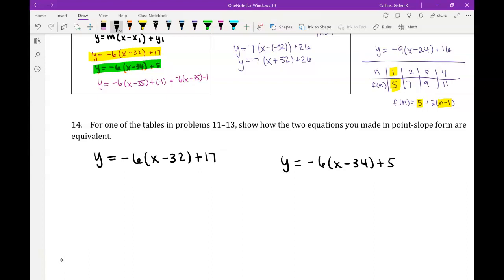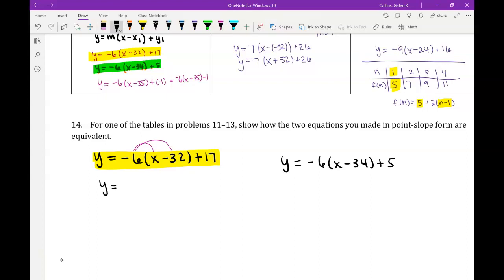It might take a lot of mathematical work to manipulate one of these equations to be exactly like the other. But what we could do for each of them is, I noticed that y is already isolated, but I could distribute this -6 to these two terms and then see what happens when I combine my like terms.